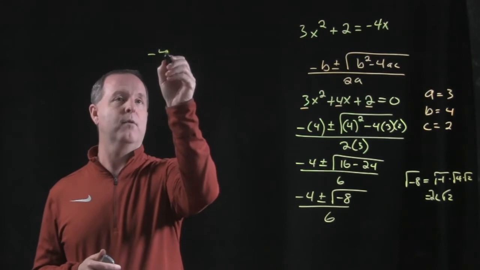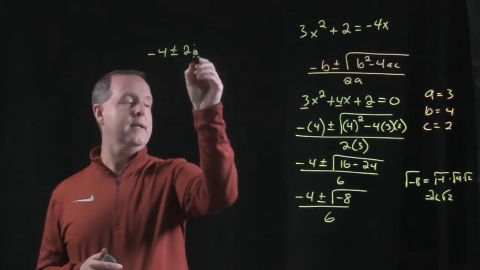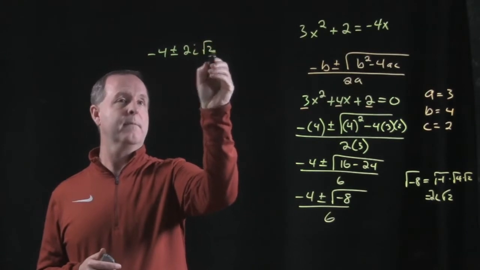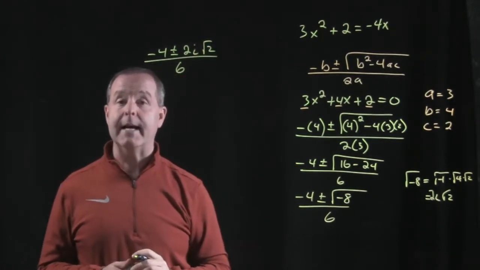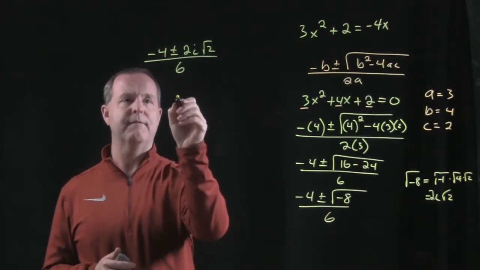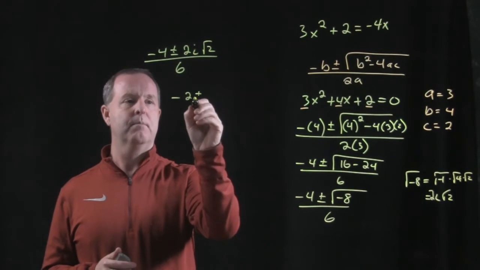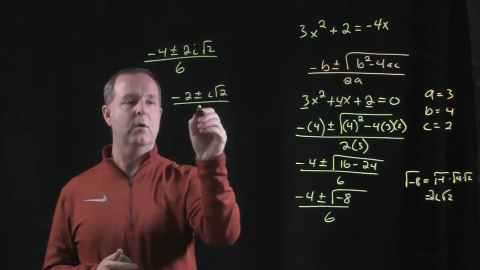So let's put that into our solution here. This is negative 4 plus or minus 2i root 2, all over 6. And from there, it looks like I have a 2 that can factor out of the numerator and the denominator. So my final solution is negative 2 plus or minus i root 2, all over 3.